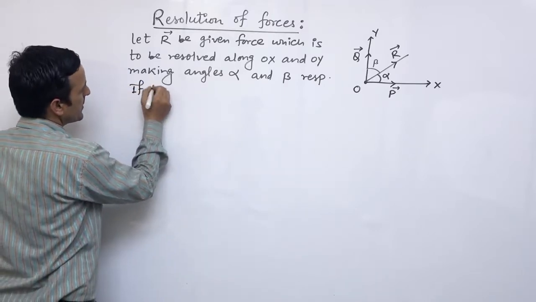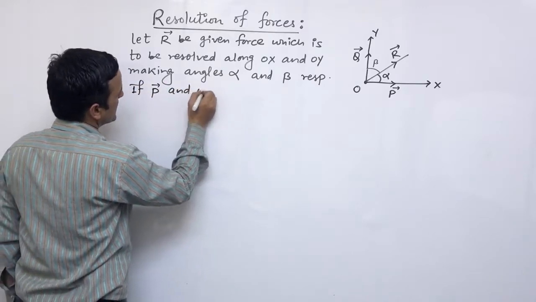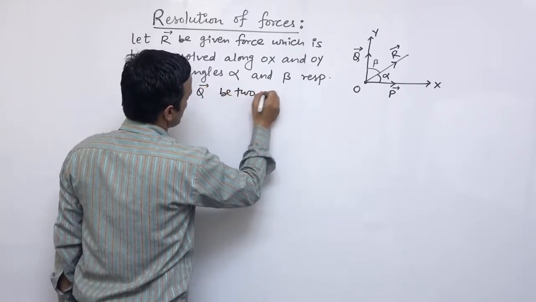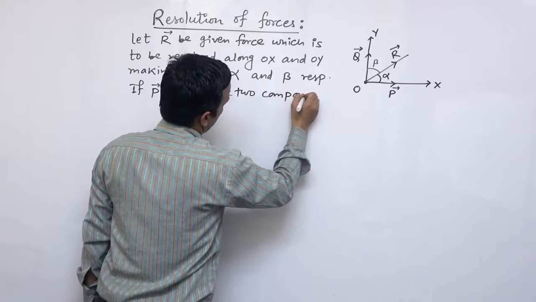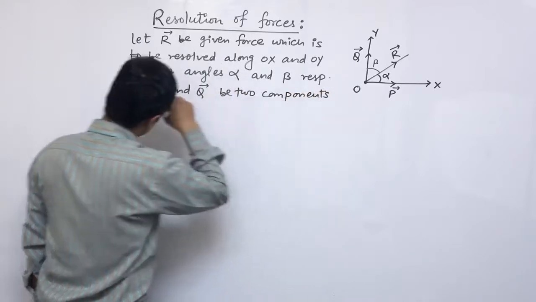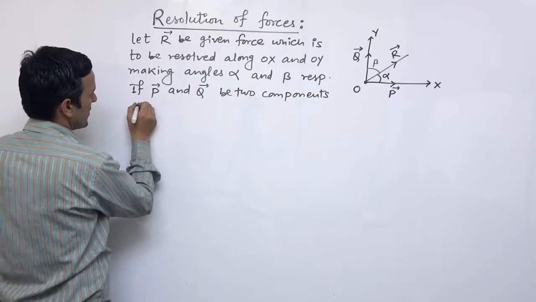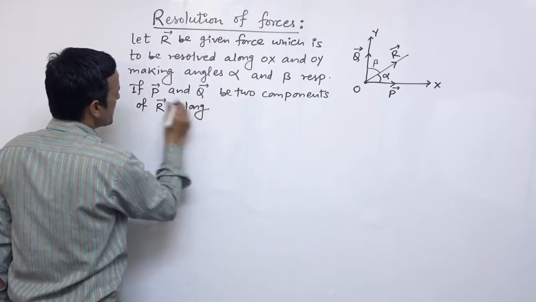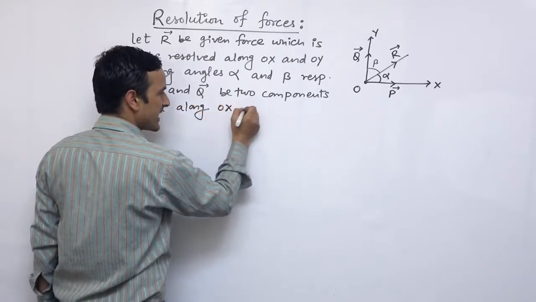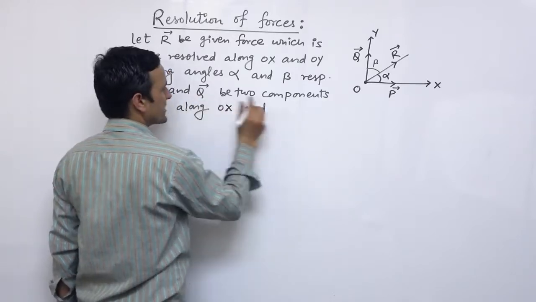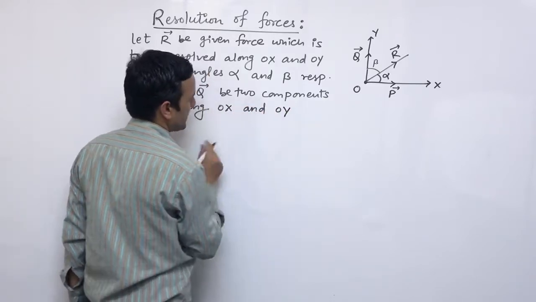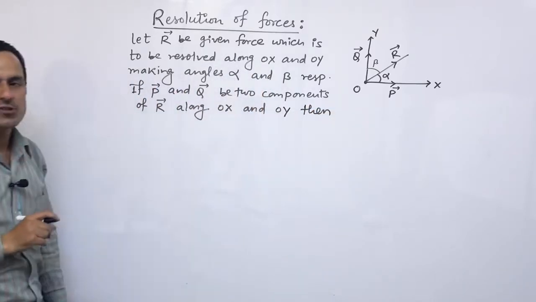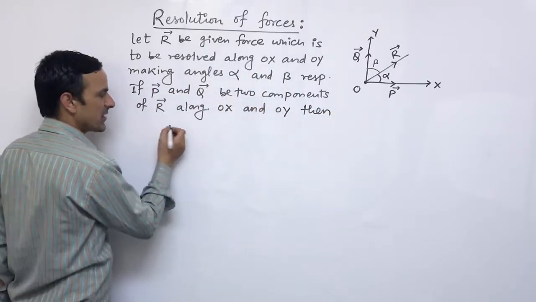If P force and Q force be two components of R vector along OX and OY, P vector लाई OX मा राख्ने and Q vector लाई OY मा राख्ने, then we can find out the force P and Q like this.